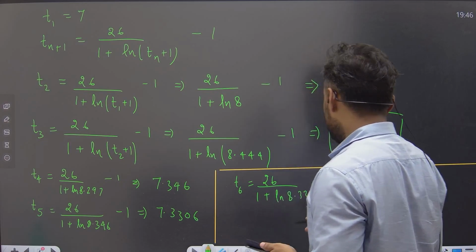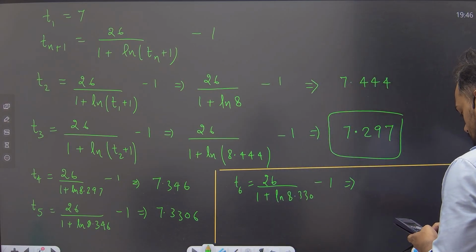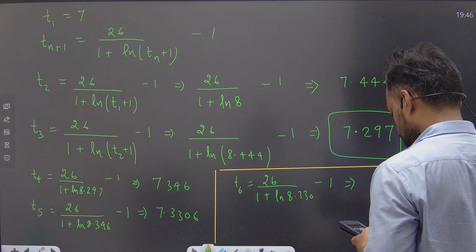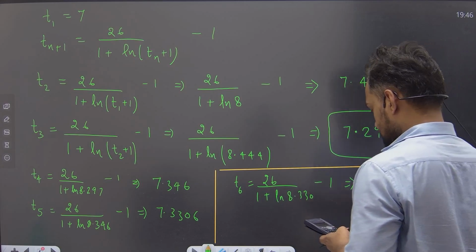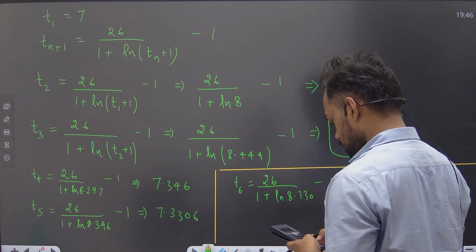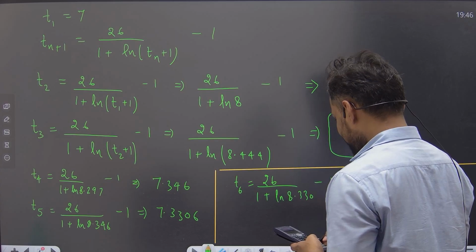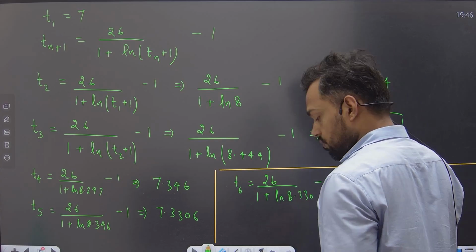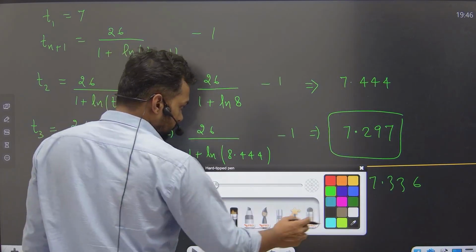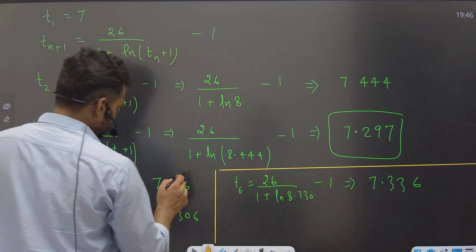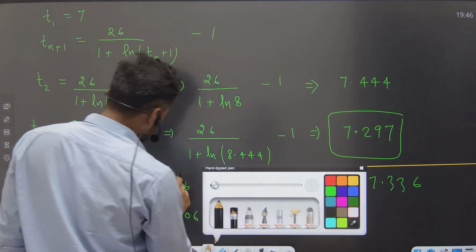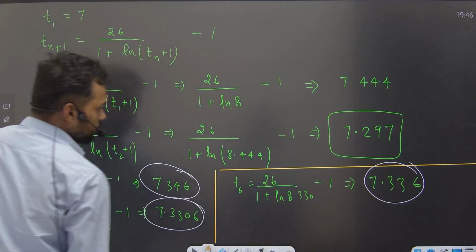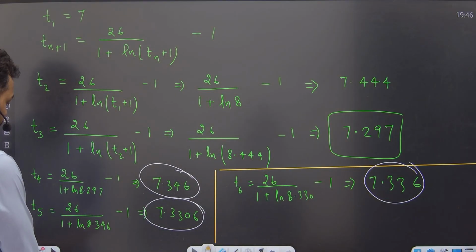If we calculate this part, log 8.33 is 2.11, plus 1 we are getting 3.119, negative of 1, so we are getting 7.336. From here we can observe that this is the part where it is getting stagnant. So this will be the maximum point of T.